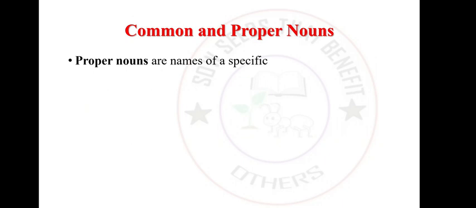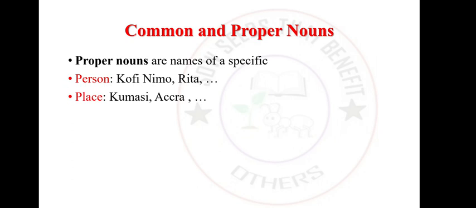Then, what are proper nouns too? And we say that they are names of a specific person. Kofi Menu. Your name is also a proper noun. Rita and many more. We then say places. So here we mean specific places.